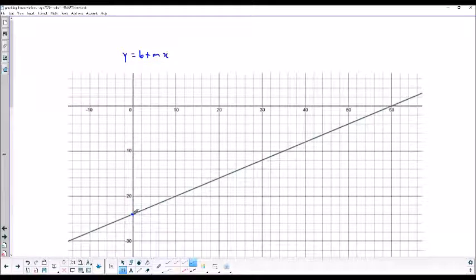So that means that every space must be worth 2. So this is actually going to be 0, -24. That's the y-intercept. So I'm going to start off with y equals -24, and then it's going to be plus some slope multiplied by x.